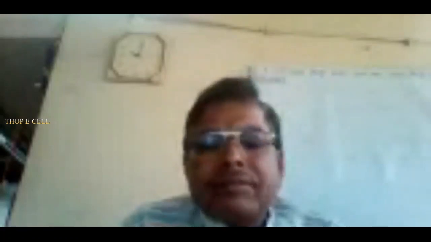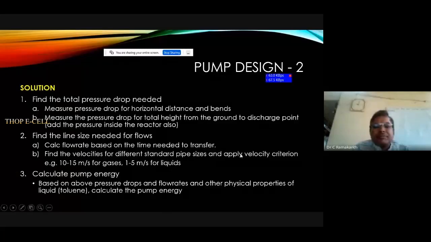And again you need to have this velocity criteria. For liquids and gases there is a velocity criteria when the fluids flow in the pipe. I don't know how many of us are taught this, but it is one of the important design parameters in designing the pipeline size, especially for gases.